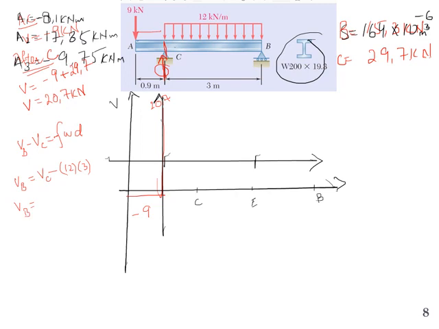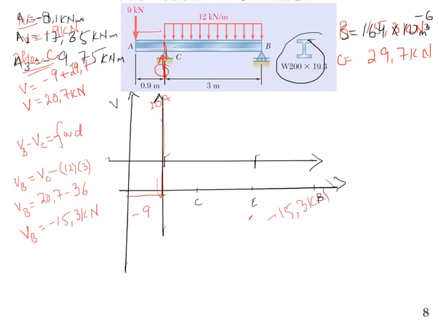And we already calculated the value of VC. So VB is nothing but 20.7 minus 36, and VB is minus 15.3 kilonewton. Means from 20.7 kilonewton, it will become minus 15.3 kilonewton.